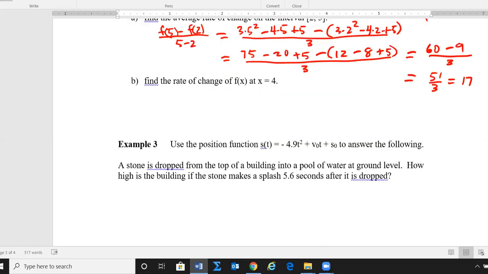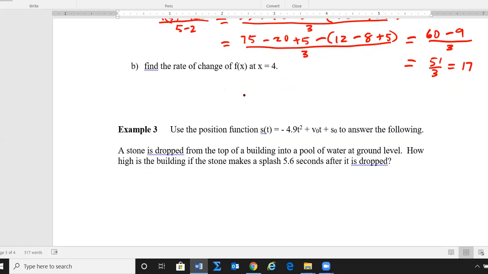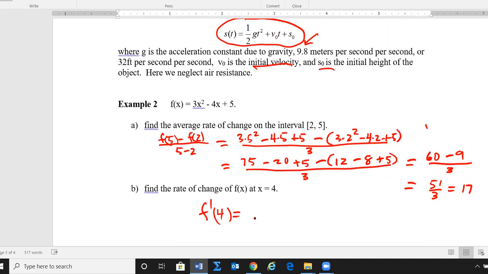Now let's look at the next piece here. The rate of change at a particular point, x equals 4. The rate of change is f prime of 4. That's what we need. So we're going to use that function of x. We need our derivative first.